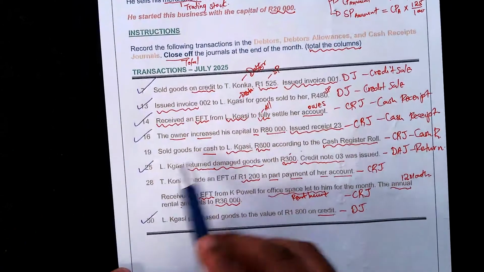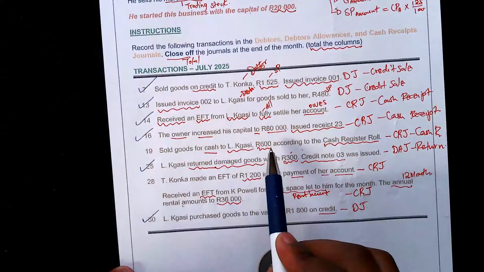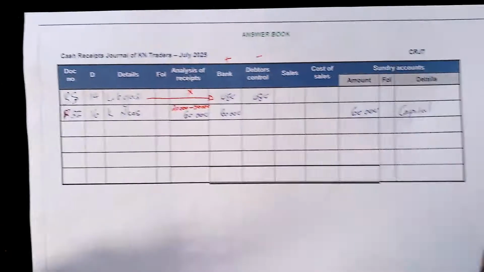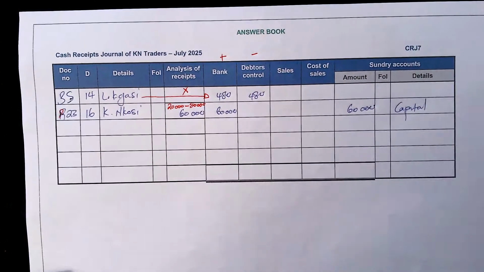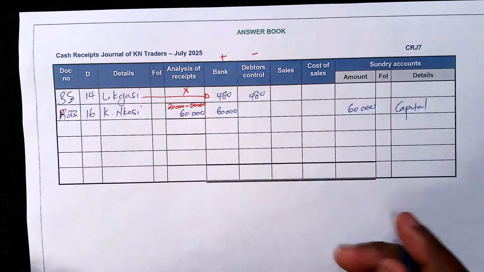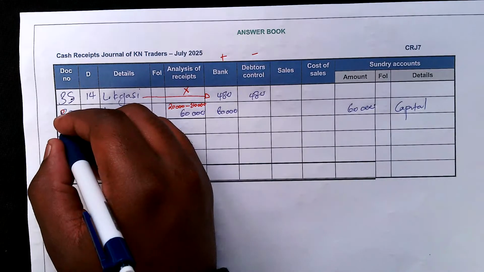We move on to day 19. Sold goods for cash to El Khasi for 6,000 according to the cash register. So goods were sold. How do we record goods that were sold? Cash, not on credit, guys. Sorry about that.